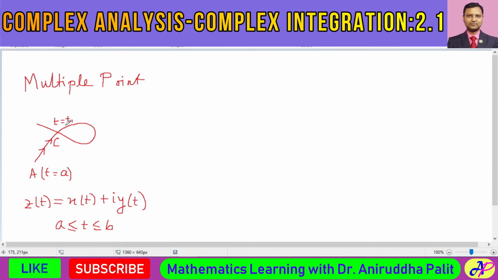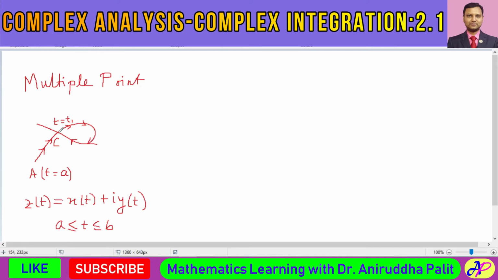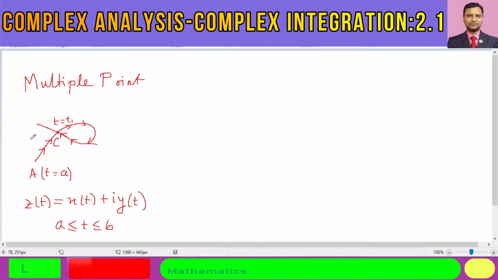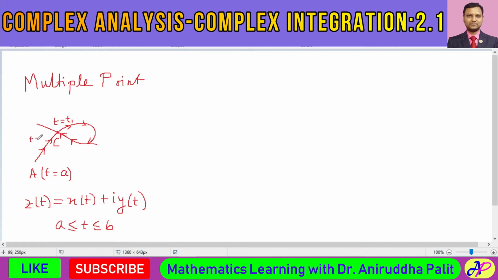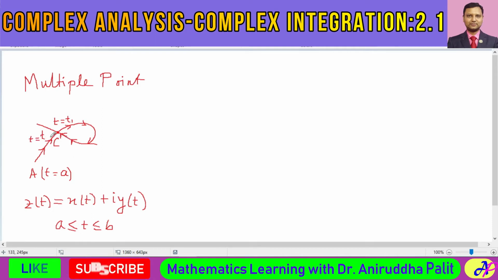Then the parameter value increases, and the arbitrary point again traverses this curve, and the second time the point comes over here again, where t is equal to t2.